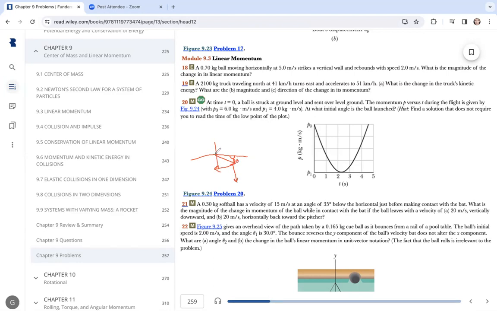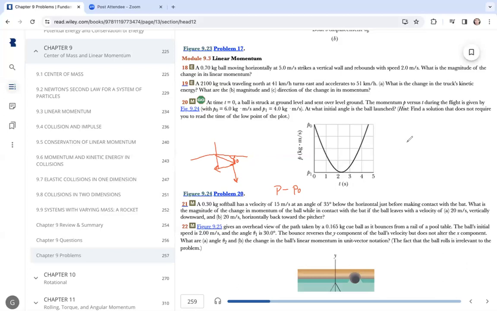And then you've got to realize that you want to do, again, P minus P initial, right? So this is your final momentum, and your initial momentum you want to subtract. So you're looking at two different calculations.